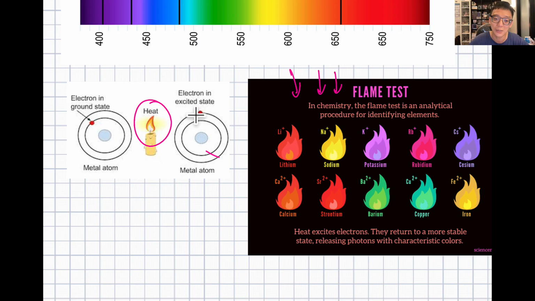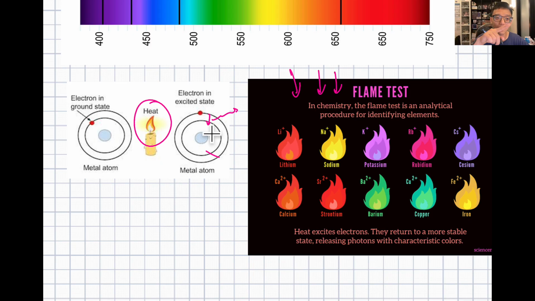Eventually, because the electron's original position is in the lower orbit, it cannot really maintain the position in the higher orbit for long. Therefore, this electron will eventually go down and it will release some energy. So it will emit energy associated with a certain wavelength, and we would see it visibly with our eyes as colors.